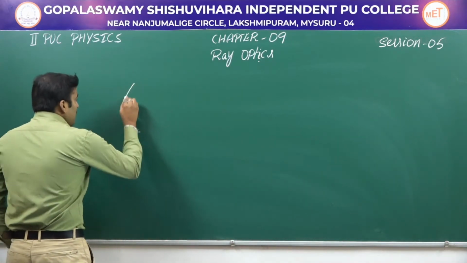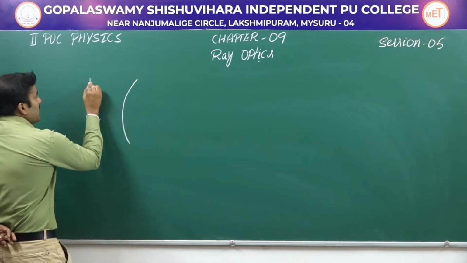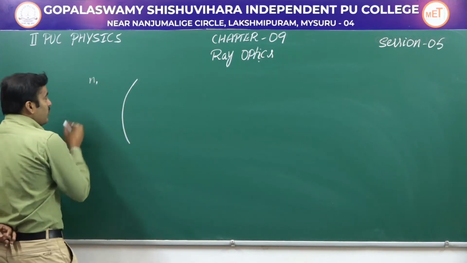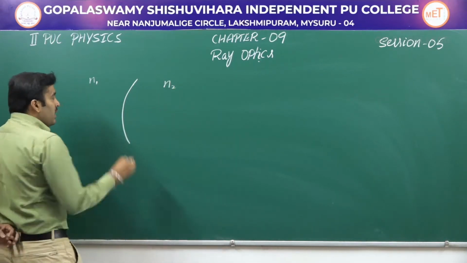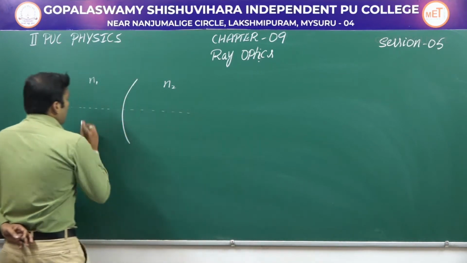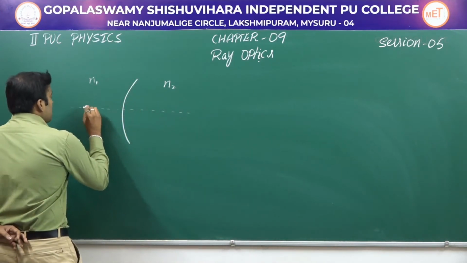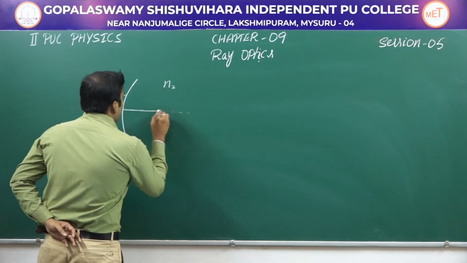If you imagine a spherical surface, this is a spherical surface. Let N1 be the refractive index of the first medium and N2 the refractive index of the second medium, and this is a principal axis drawn, and this is an object which is emitting light in two directions.